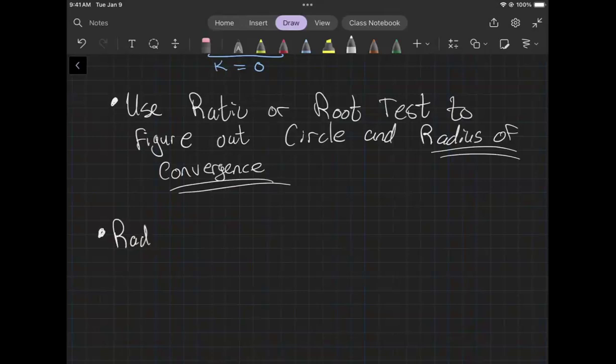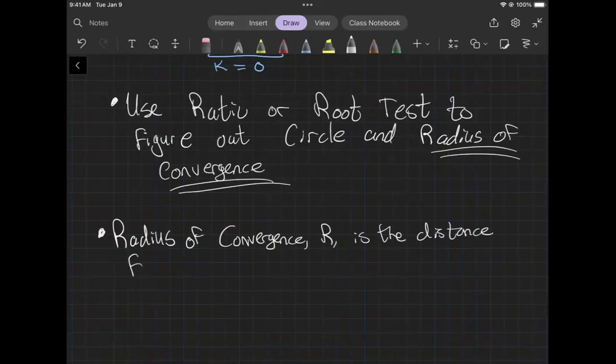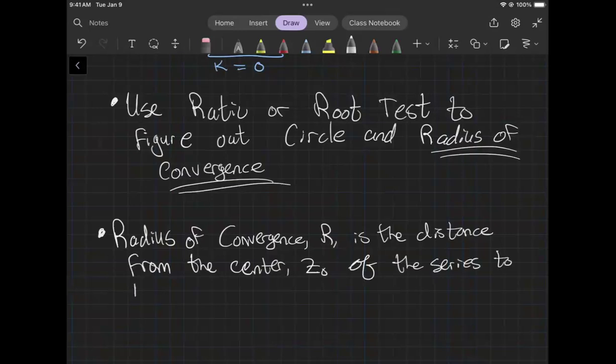So the radius of convergence, R, is the distance from the center z naught to the nearest isolated singularity.